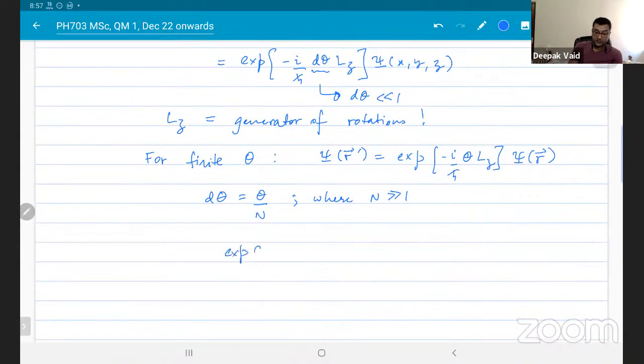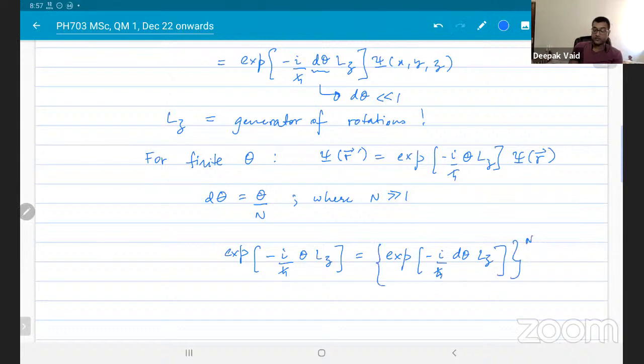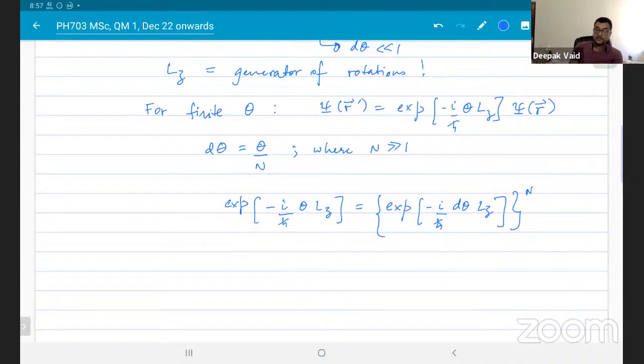Then exponent of minus i by h bar theta Lz can be written as exponent of minus i by h bar d theta times Lz, to the nth power. Right? So when you take exponent of something x to the nth power, what do you get? You get exponent of nx, right?